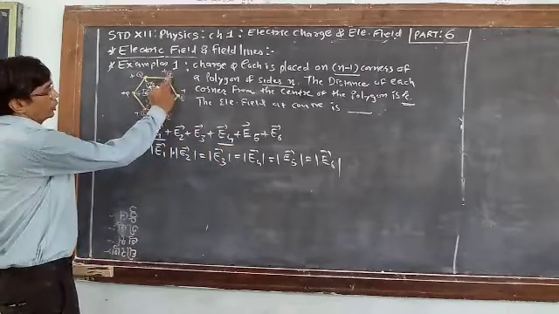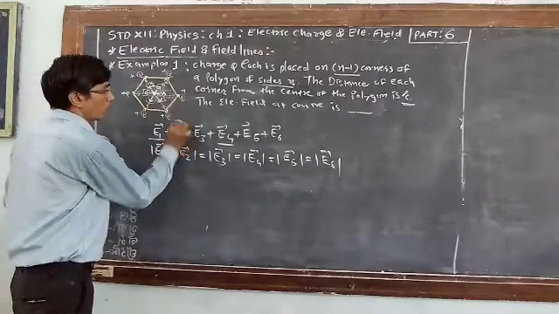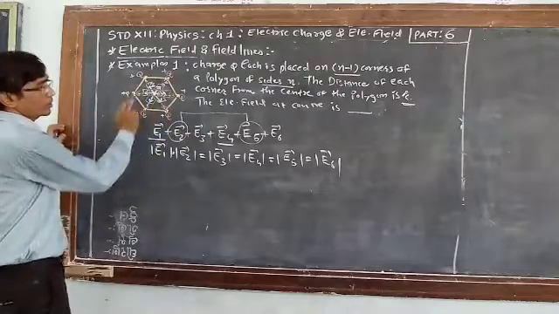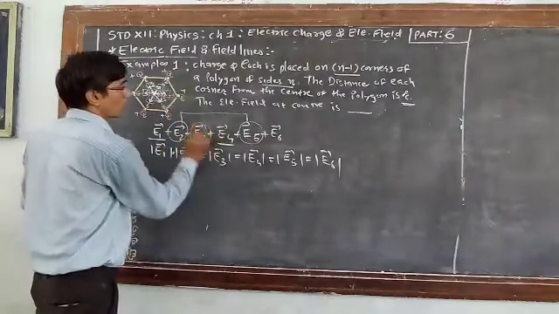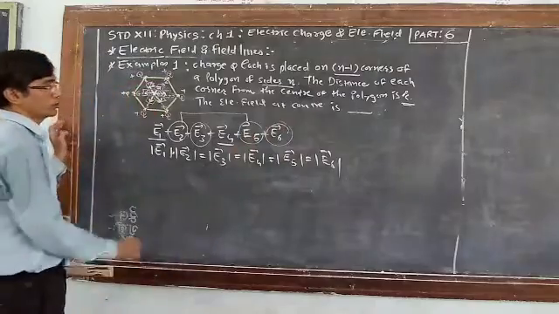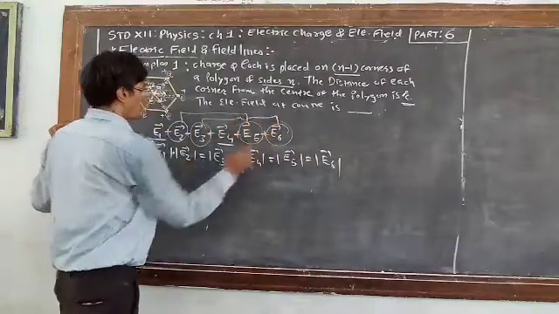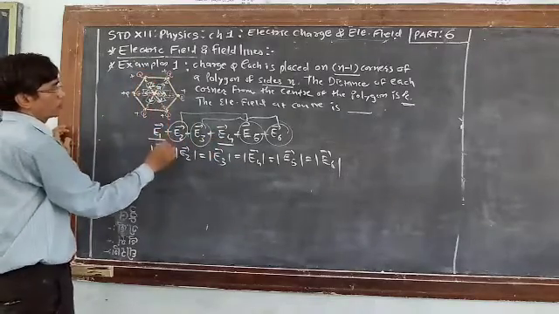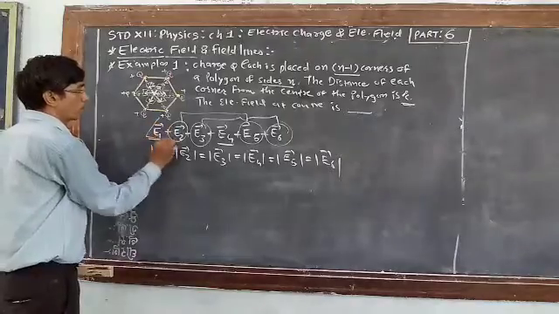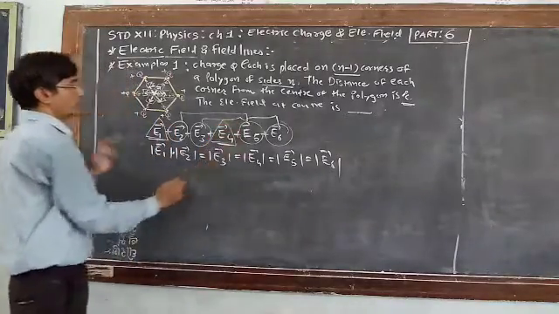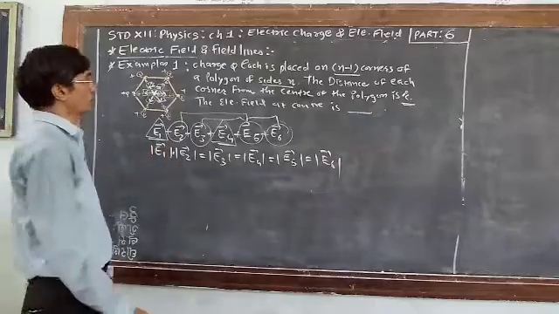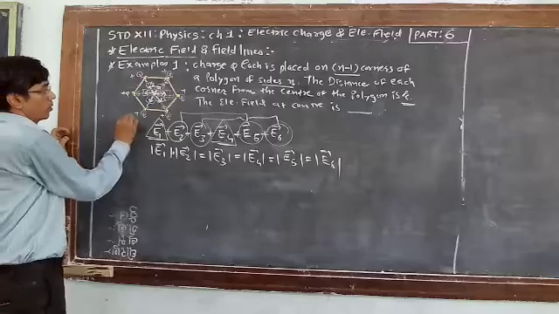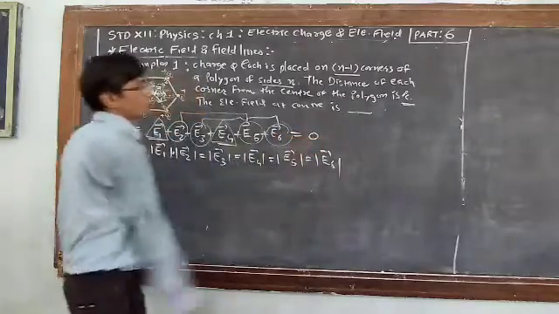The resultant of E2 plus E5 is also 0, and the resultant of E3 plus E6 is also 0. So if we write the electric field at the center, it becomes 0.